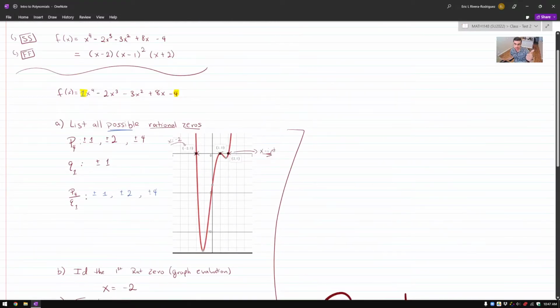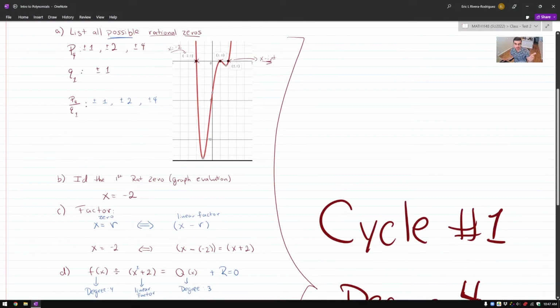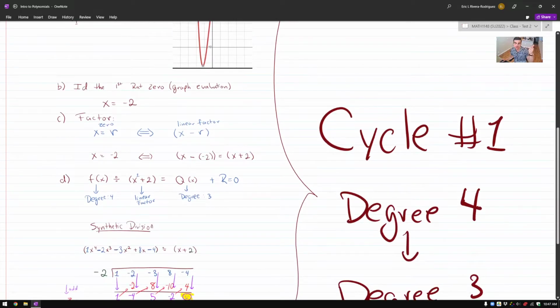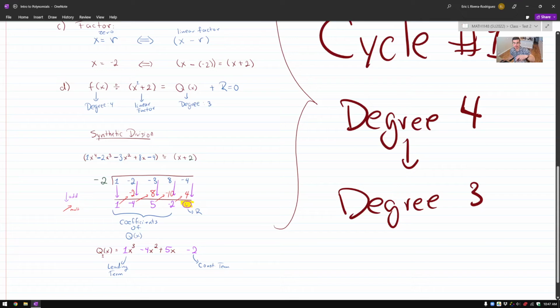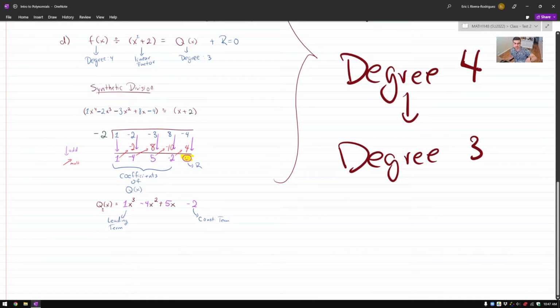So: list all possible rational zeros, identify one zero. That zero is going to give you the linear factor of that polynomial. Use synthetic division to find a quotient, a new polynomial of a degree less.